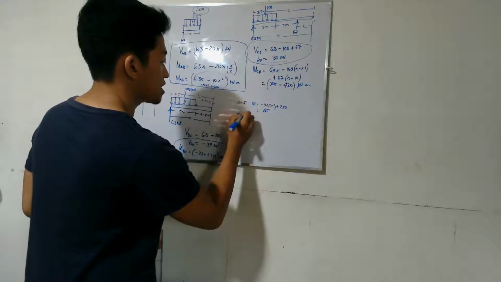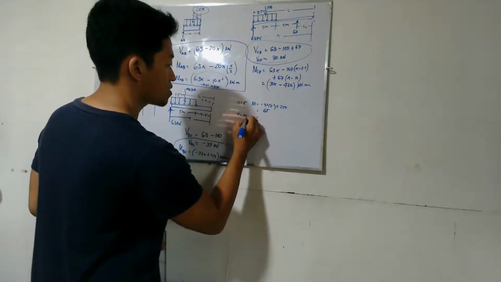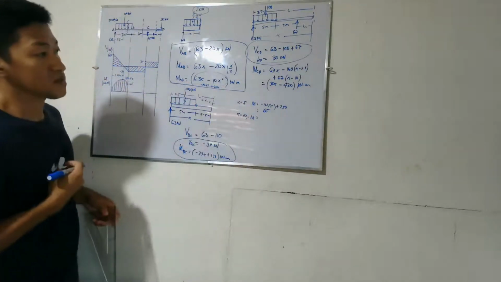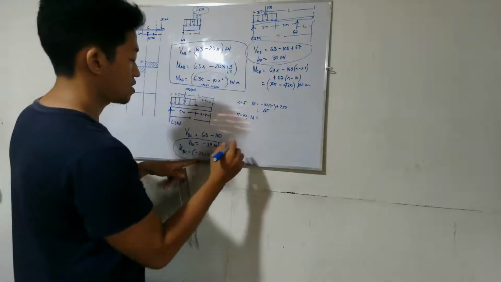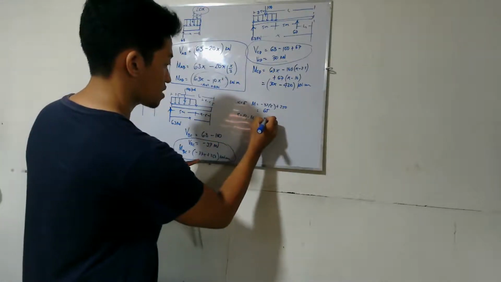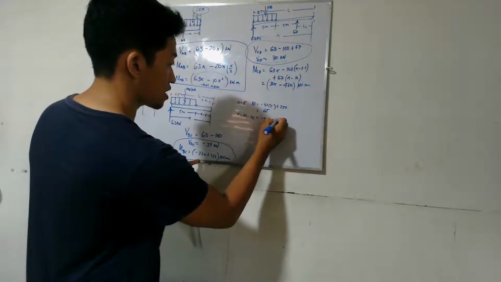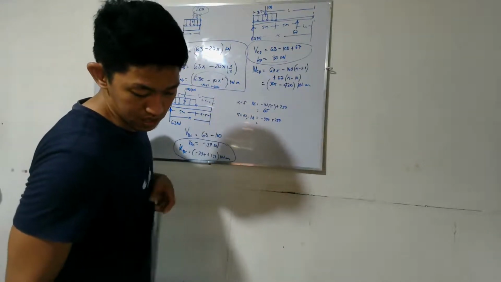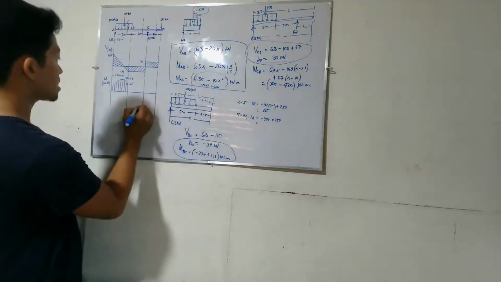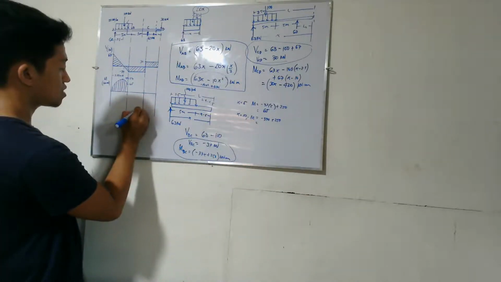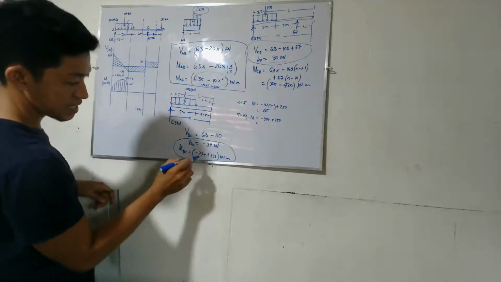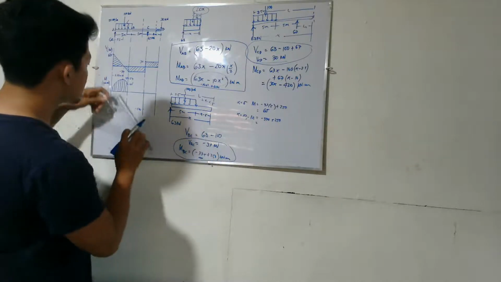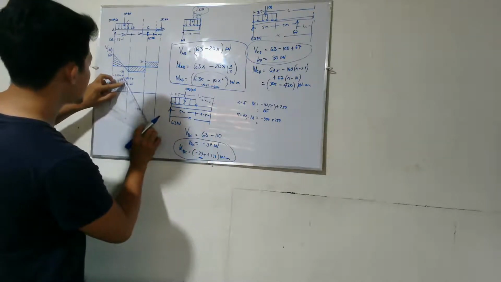X equals 10, M is equal to negative 370 plus 250, which is negative 120. This is linear, so it is a line.